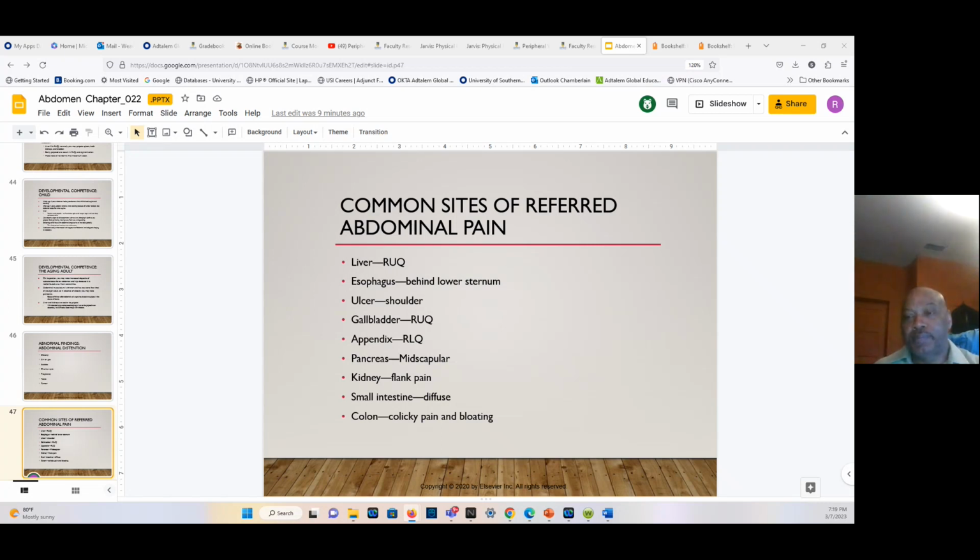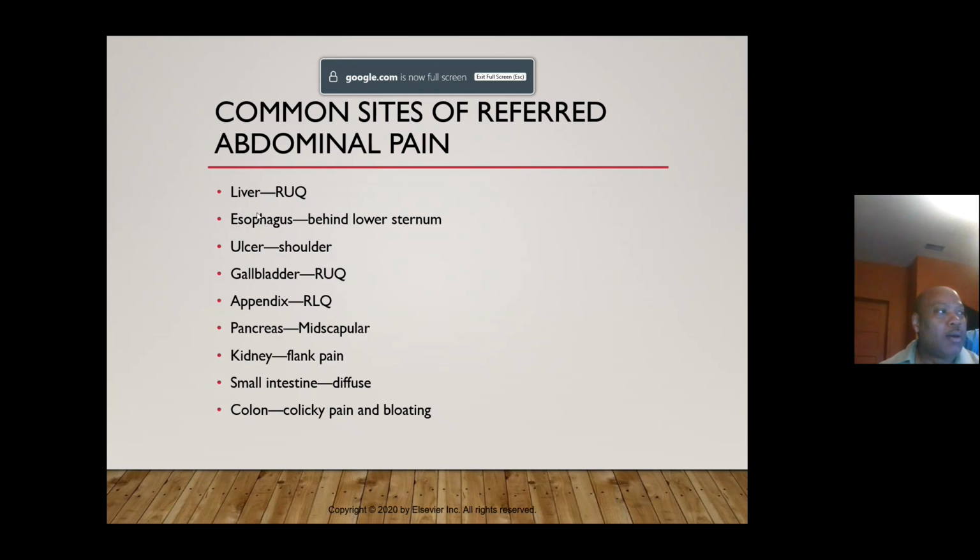So wherever that organ was during fetal development, that's where the brain will more or less pick up where the sensation is coming from. It's kind of a weird thing, but just realize that the pain will be felt in other areas.